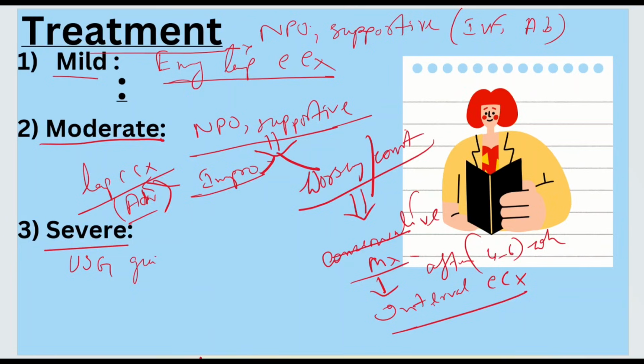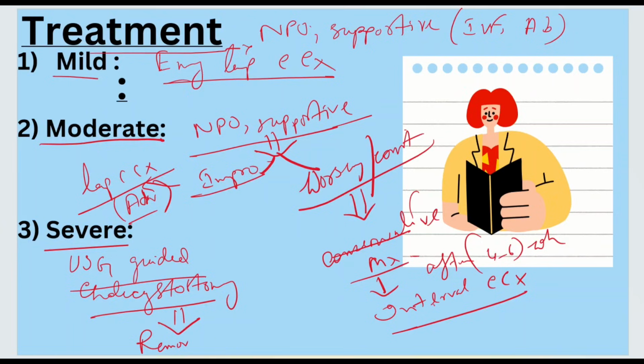ultrasound guided cholecystostomy. That means we make a hole in the GB and remove the infected bile as soon as possible. So this is ultrasound guided cholecystostomy.